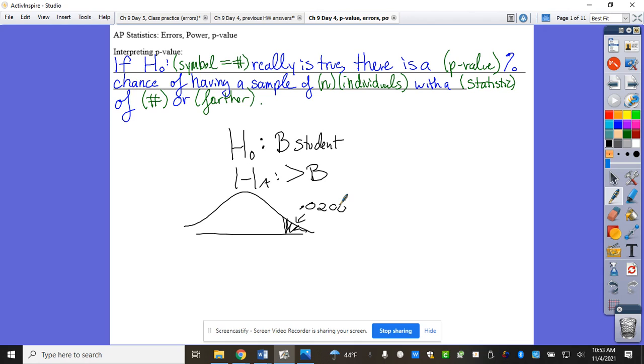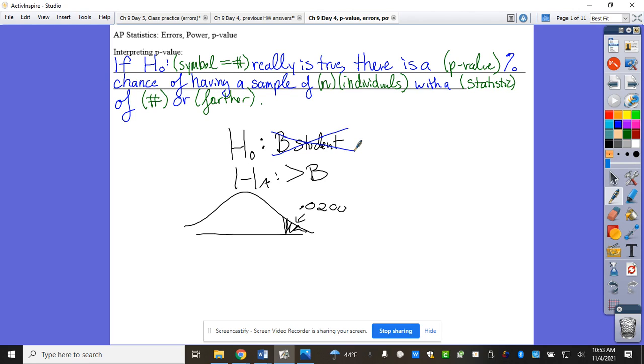So the likelihood of them actually being a B student, or them being greater than a B student, would be about 2% likely, which means I have a lot of evidence against this, which means maybe it's not the case that they're a B student.